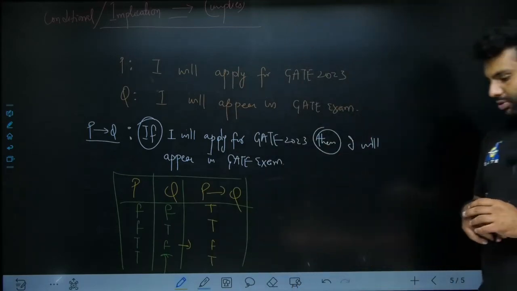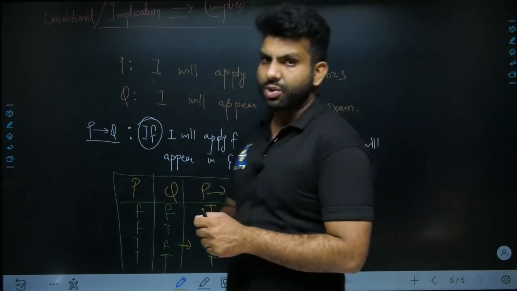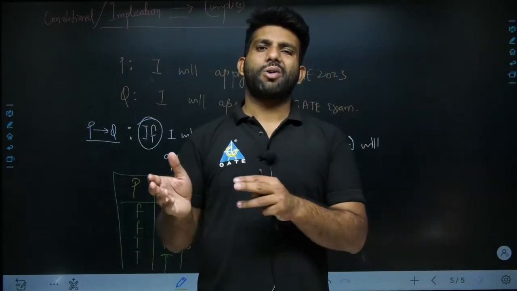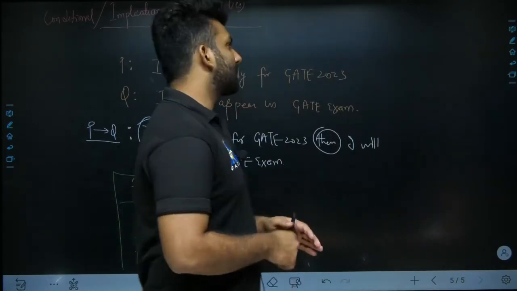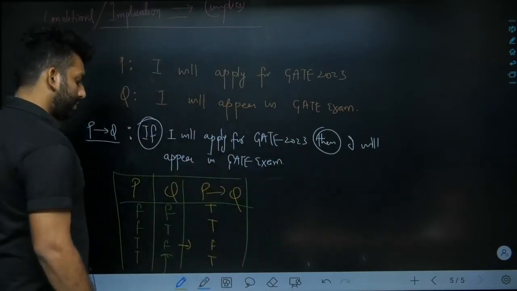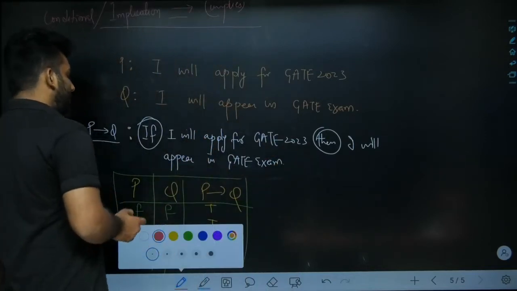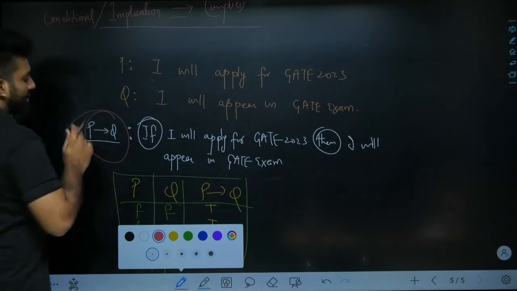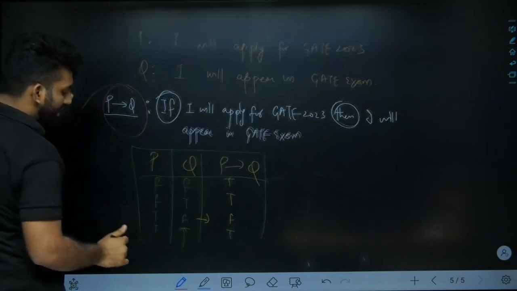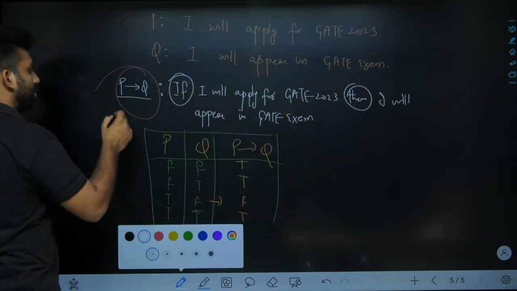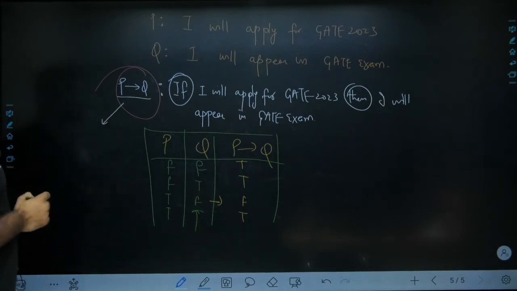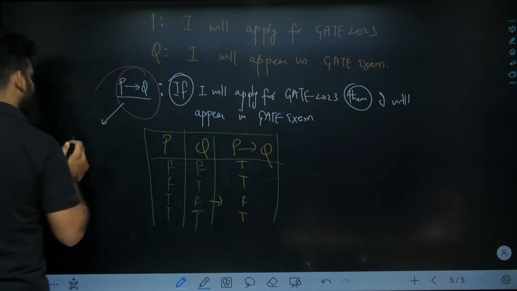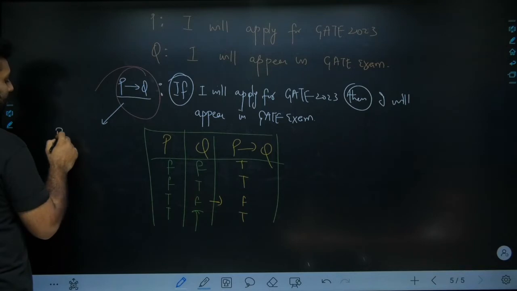Okay. So let's understand how does it work? How does implication work? How does the conditional stuff over here work? Let me simply tell you, whenever you are having this kind of scenario, something written like this, it means P is your hypothesis.